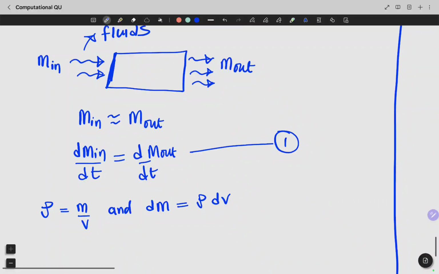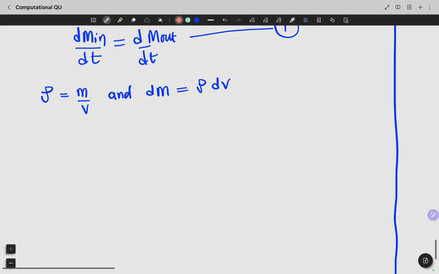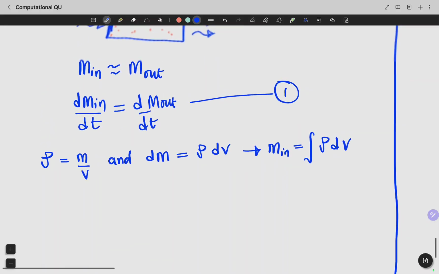So that we are looking at the mass of a tiny section of the fluid flowing through the container, and so the total mass in would be the integral of rho dV across the volume.